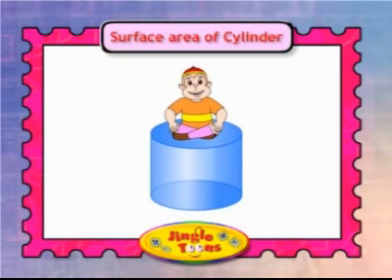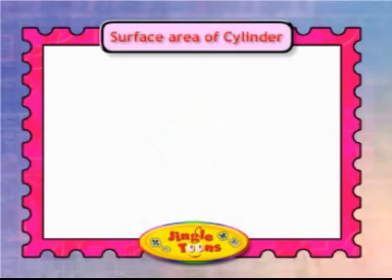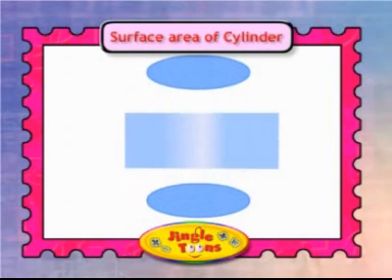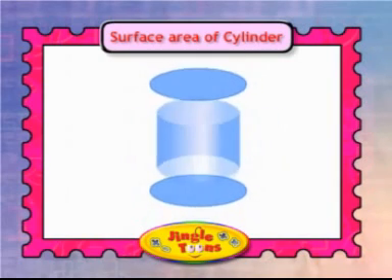Surface area of cylinder. A cylinder is made of the circles at the top and bottom and a portion that joins these circles edge to edge. The area of a cylinder is the sum of the area of the top and bottom circles and the lateral surface area.